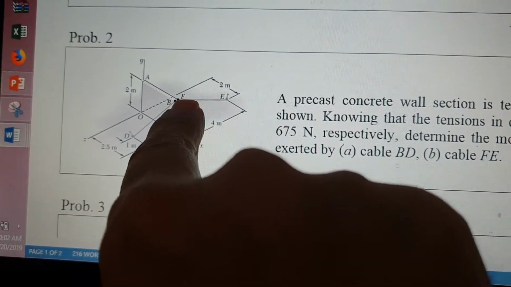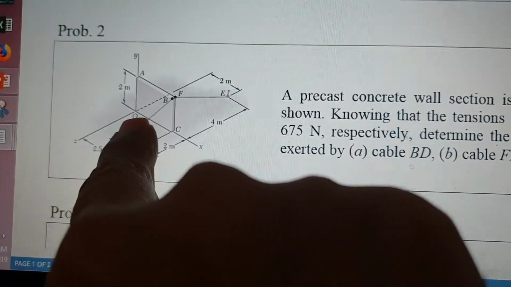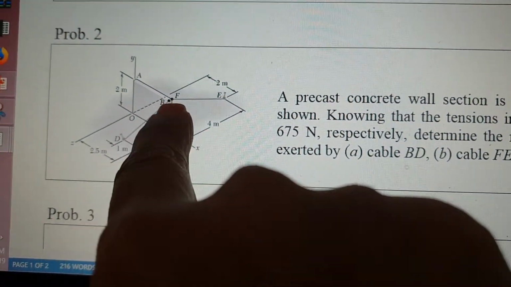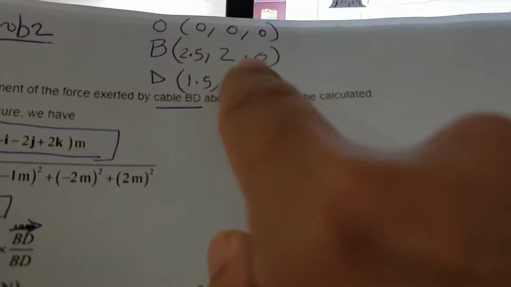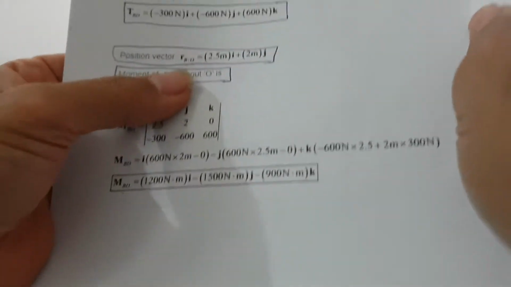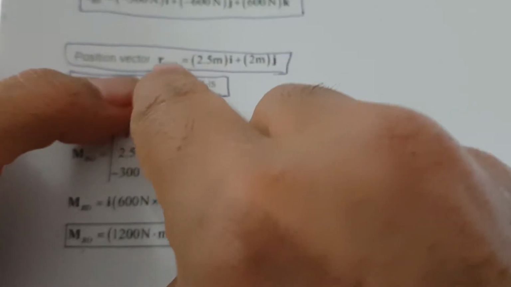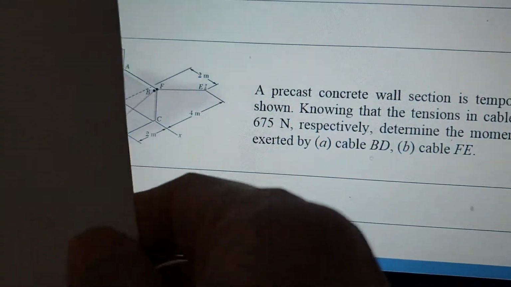Since everything is about point O, O is 0, 0, 0, and B is given here as 2.5, 2 and 0. So 2.5 minus 0 is 2.5i, and 2 minus 0 is 2j. 0 minus 0, there's nothing in the k. So this is the position vector RBO, the distance between B and O.